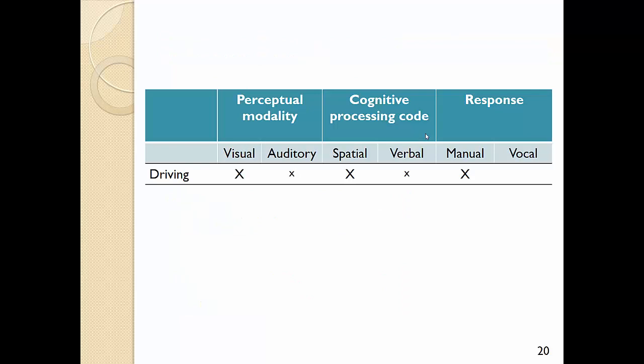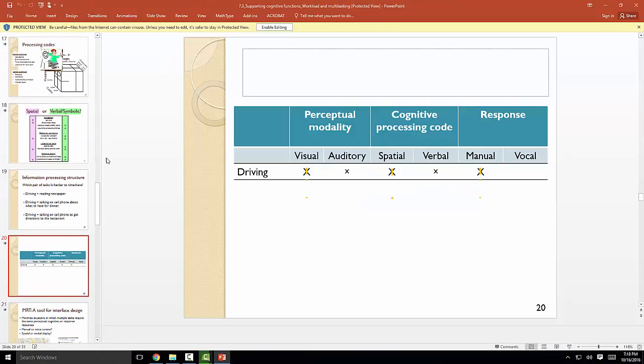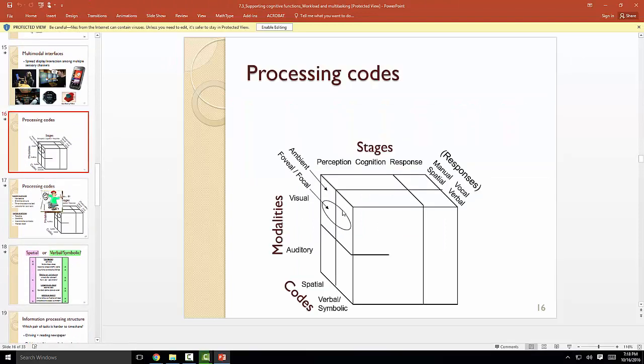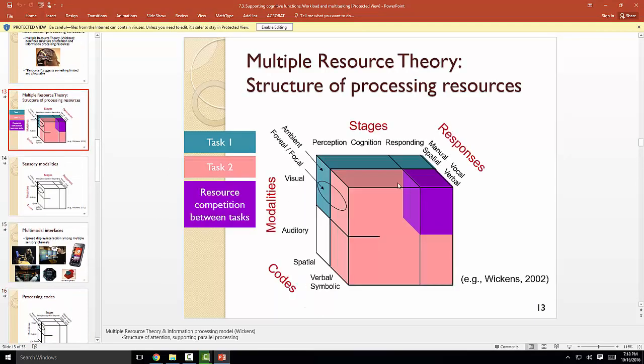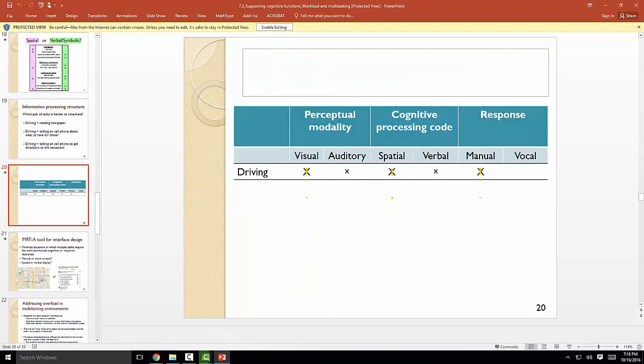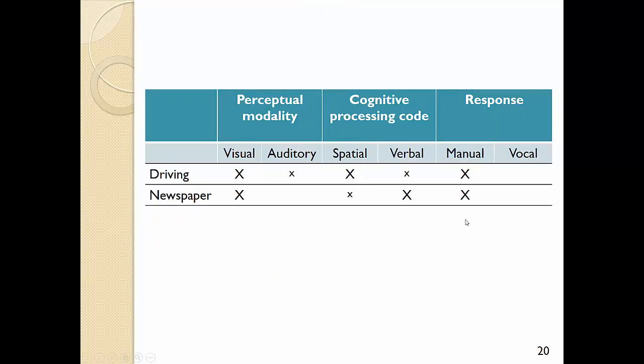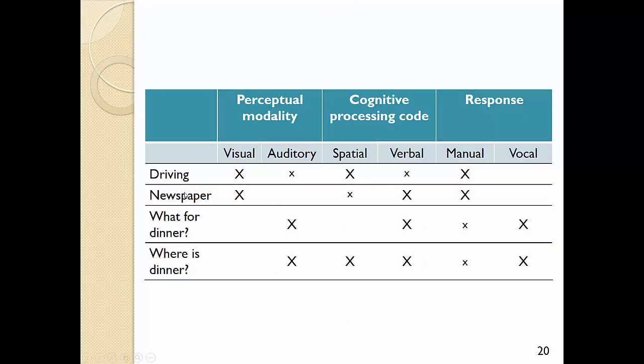Okay? So if I map out these dimensions of the multiple resource theory cube, if I block out each of those spaces according to the resources that can be consumed, and list them out in a table form like this, then I can say, okay, I've got newspaper.